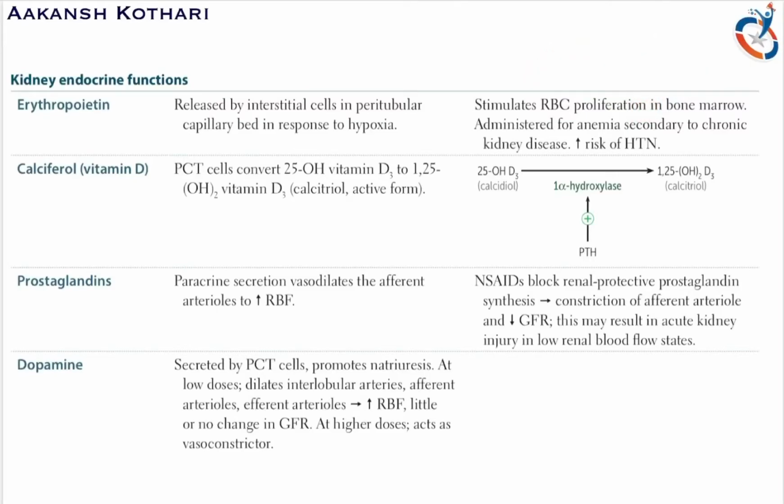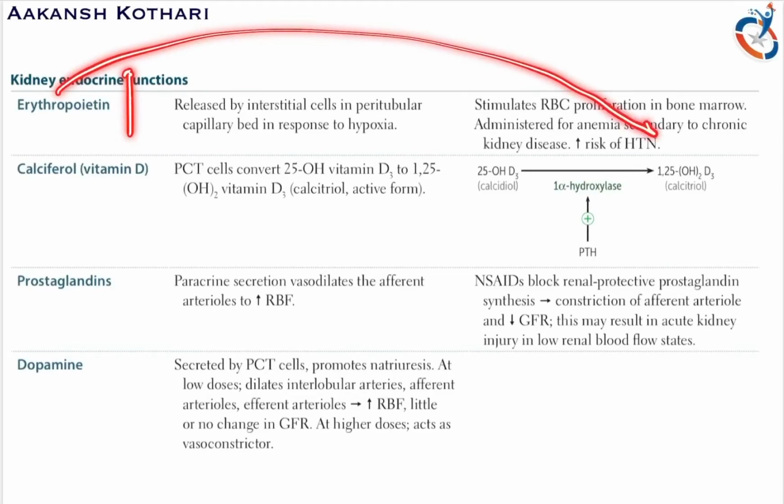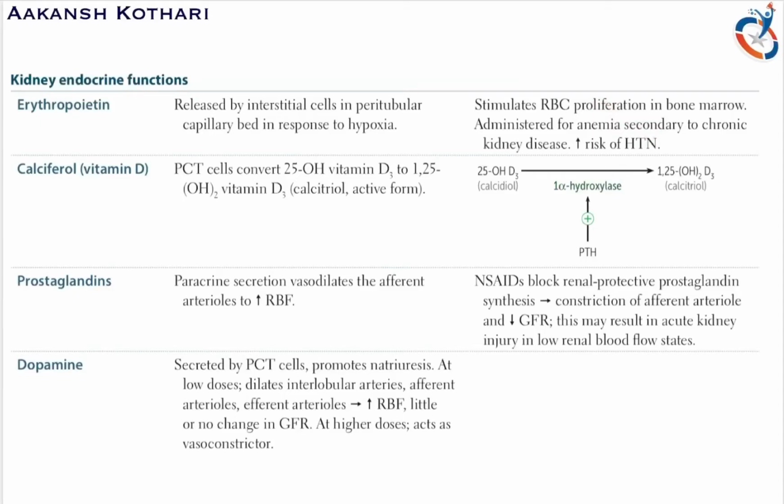Am I clear? So, a decrease in the renal function can lead to normocytic anemia, primarily caused by chronic kidney disease. Now, when the erythropoietin secretion increases, it can lead to hypertension. Am I clear? So we are done with erythropoietin.